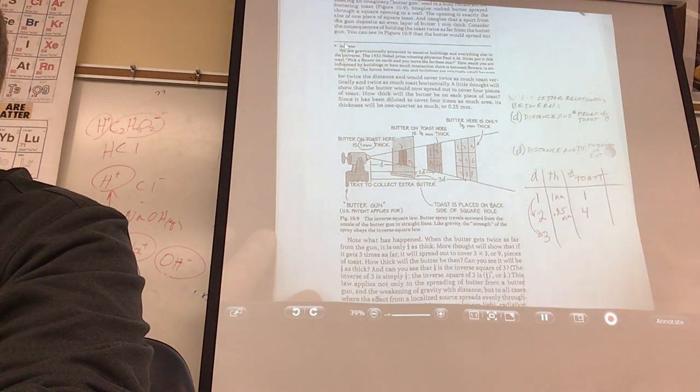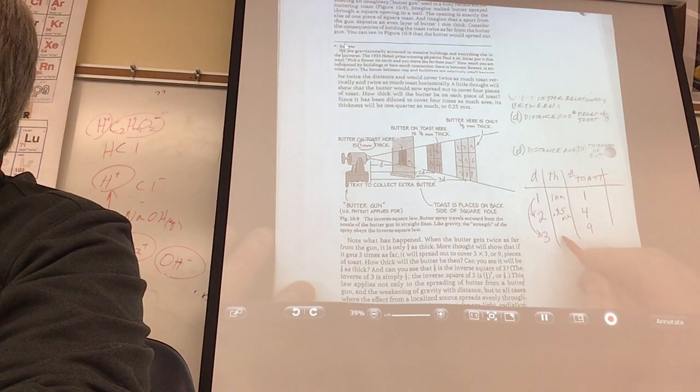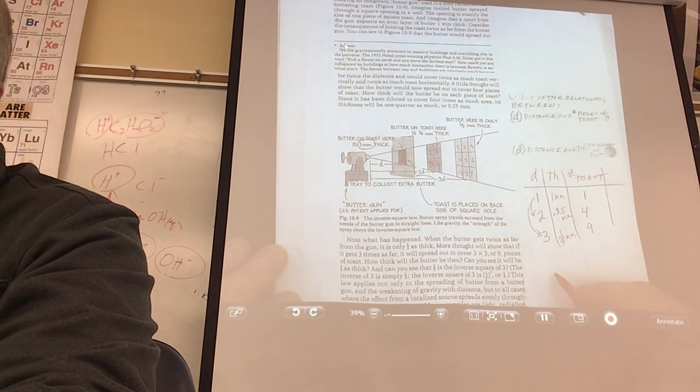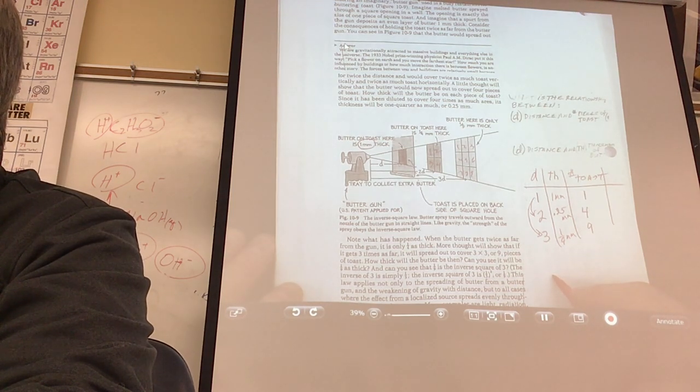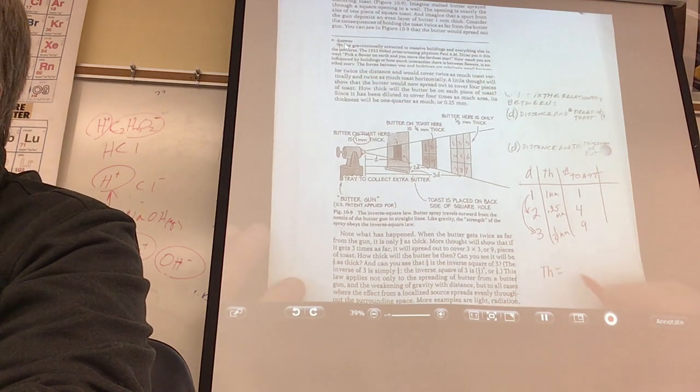What do you think? How many pieces of toast now? And what's the thickness of that? 1/9 of a millimeter. We can put that in decimals. Here we go. Let's make an equation. How is the thickness of the butter related to the distance?